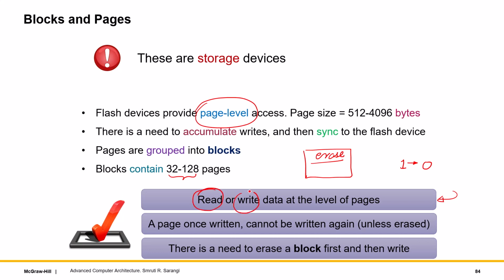After erasing, we write at the level of pages. But a page that is once written cannot be written to once again prior to erasing, where the granularity of erasing is much more. It's a block, it's not a page, and it has to do with the fact that erasing requires a high voltage source pretty much, and you would want to do that at a much larger granularity.